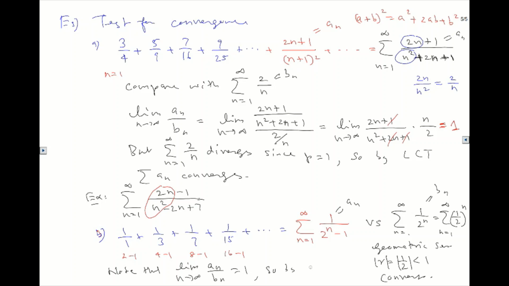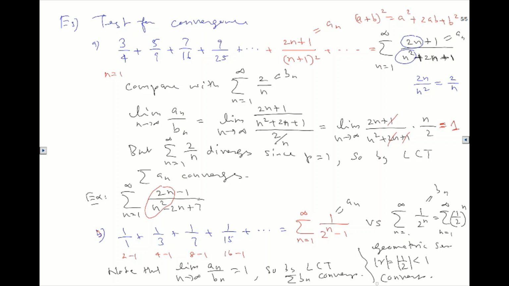So by the limit comparison test, sigma bn converges. You can see that you can do like 1,000 problems like this. It's a very simple argument. It's not that difficult.